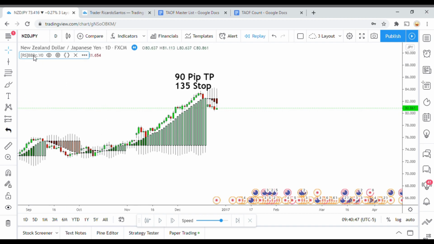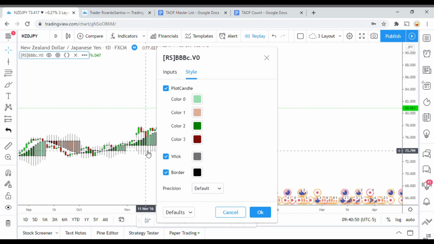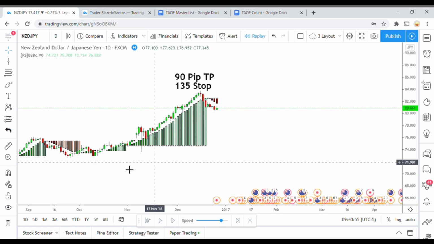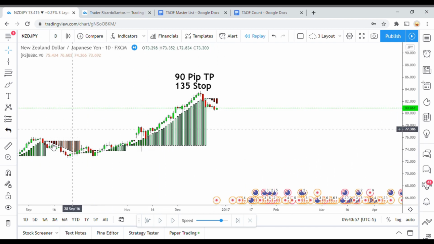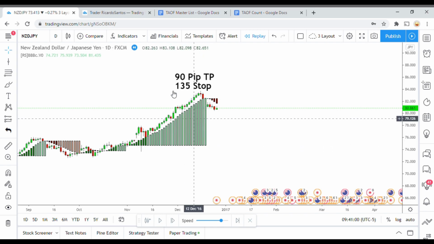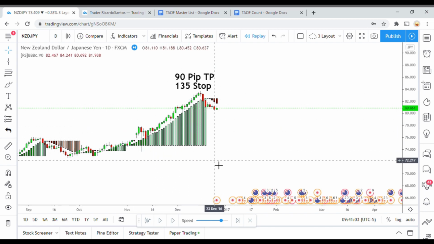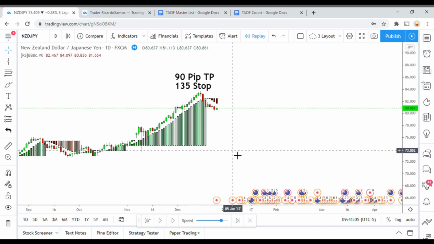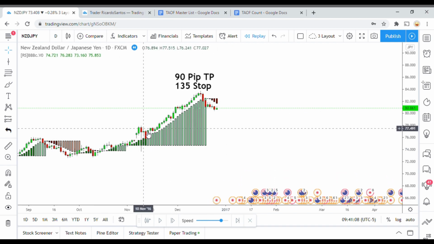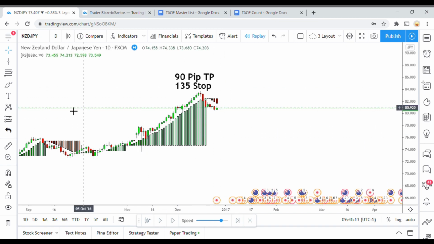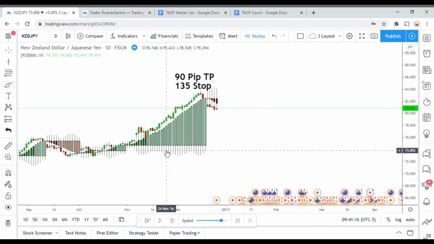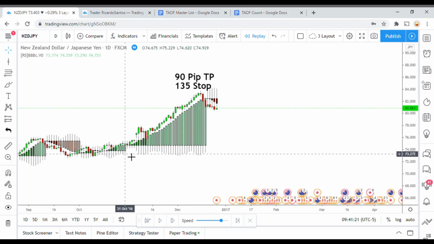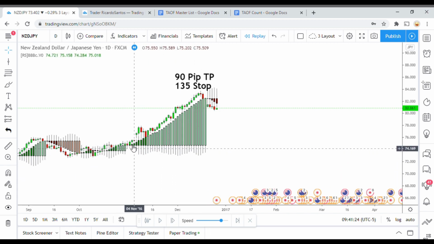And from that information, they didn't really mention anything about these wicks that were sticking up out of these pillars, I guess we could call them, these histogram bars. And so I find the wicks to be a little distracting. It's possible that the wicks might be some kind of gauge of momentum, maybe.